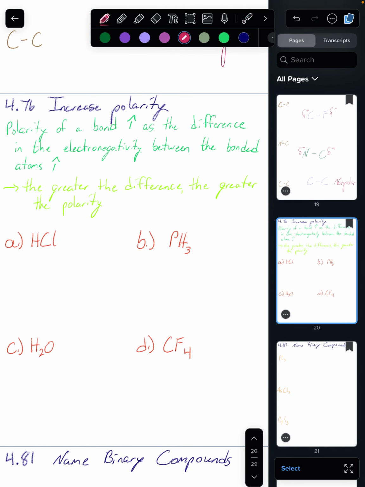So, the bonds we're looking at is hydrogen, chlorine, a hydrogen and oxygen bond, a phosphorus and a hydrogen bond, and a carbon and fluorine bond.